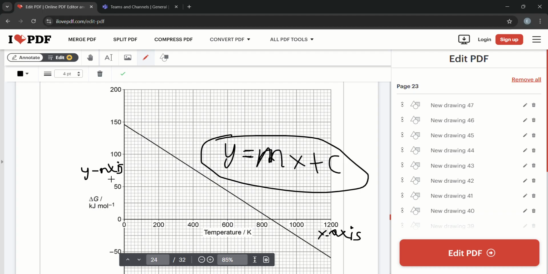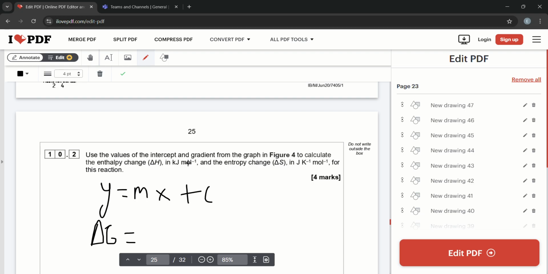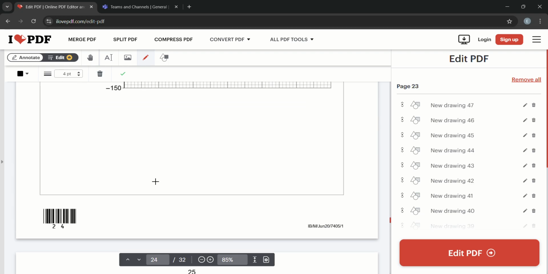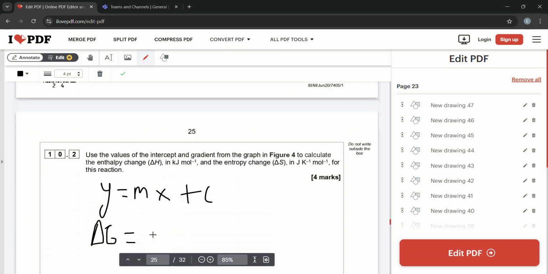And now what we can do is we can basically construct an equation. So delta G, because that's the y-axis, delta G is equal to M, which we don't know, that's what we're trying to find. Yeah, we want to find the gradient. X, which is temperature, Kelvin, so T, so it's going to be MT, M, the gradient, T, plus C.